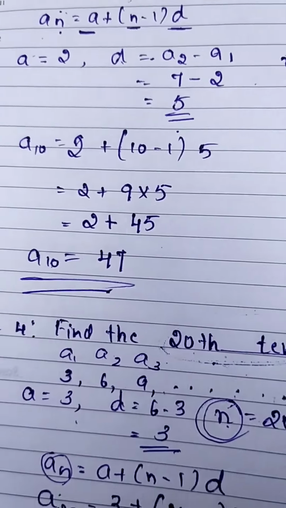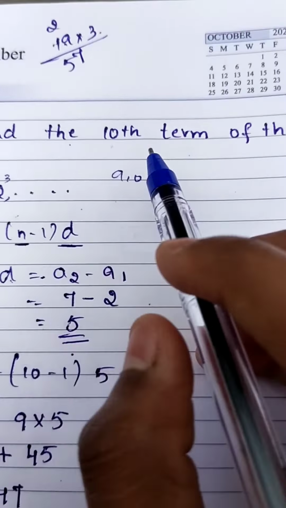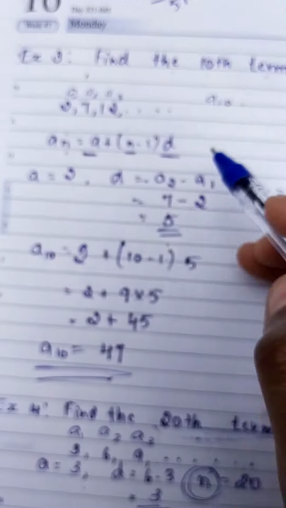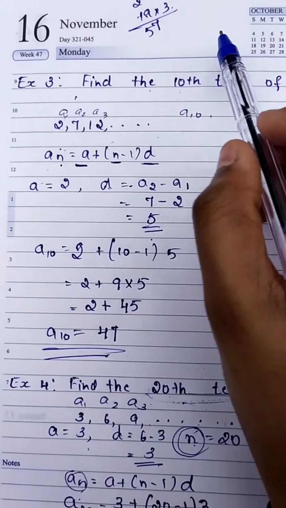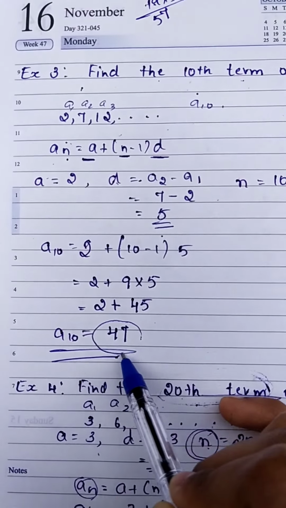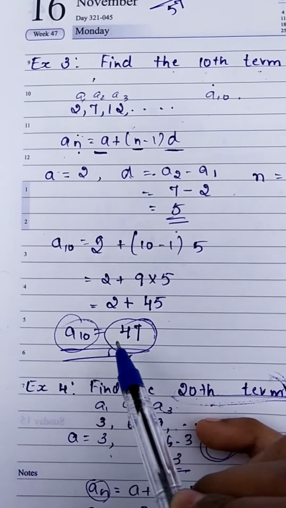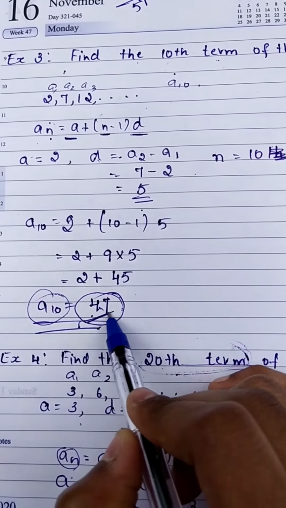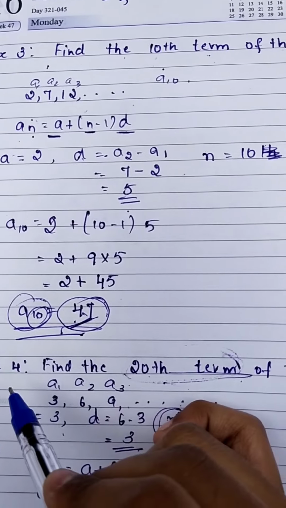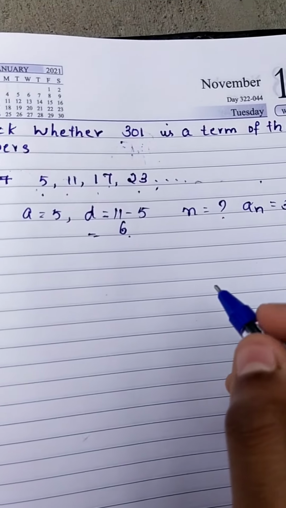In the previous problem they gave the term number and we had to find the number. But in this question they have given the number and we have to find the term. Understood? Okay, let's find it.